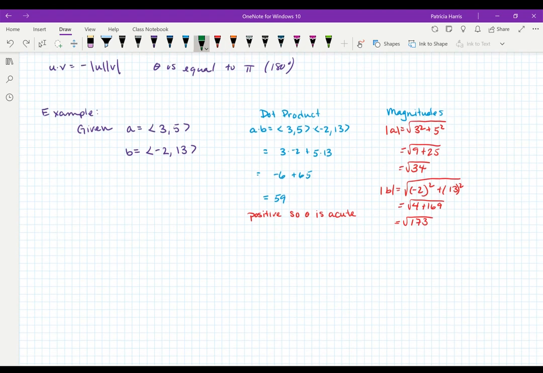So I'm guessing that theta is not equal to 0, but less than 90.